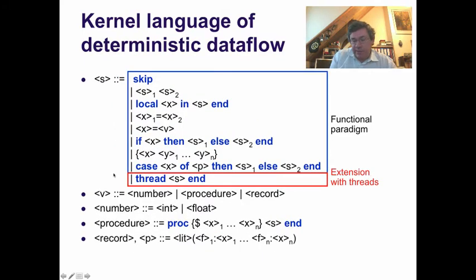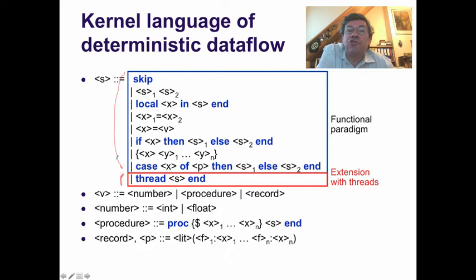Now let's take a look at the third kernel language we saw. This is the one for deterministic data flow. Again, it starts with the blue rectangle, which is the kernel language of the functional paradigm, and then we add one concept, which is threads. So the basic notion of a concurrent activity, a sequence of instructions. Notice that the functional paradigm already had single assignment variables.